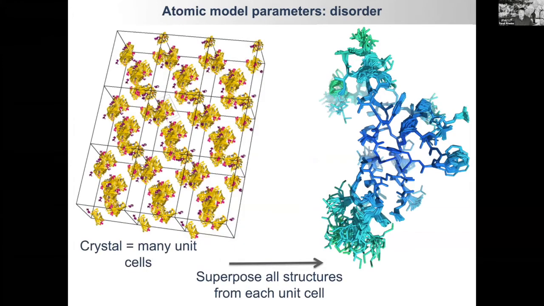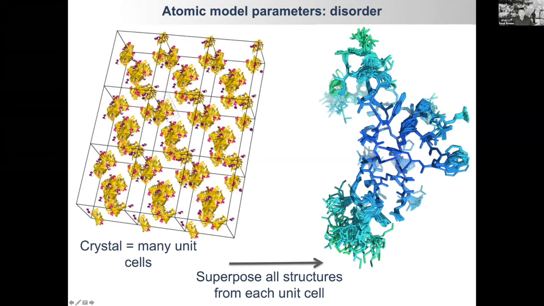Okay, here's the idea, and I know it's obvious, but not to everybody, so I mention it. A crystal is a collection of many unit cells, right? And each unit cell has a copy or copies of your structure, your molecule, right? And all these copies are very similar, but not necessarily identical. When it comes to your crystallographic structure solution, you get just one structure, one molecule, which is an average across all unit cells.